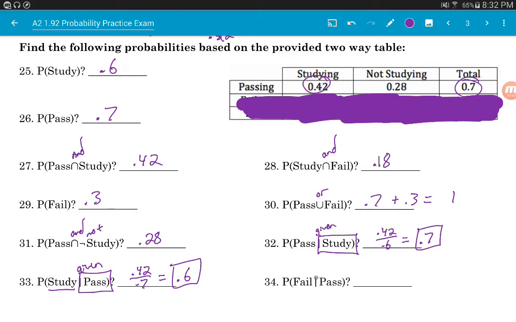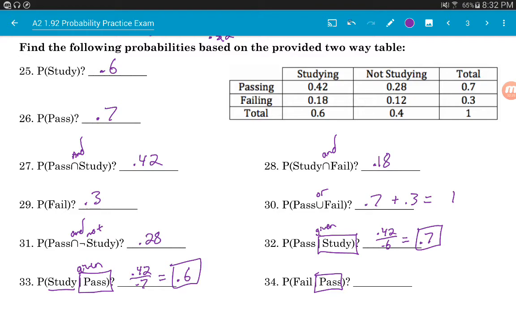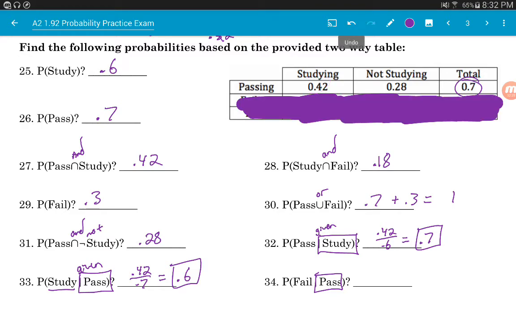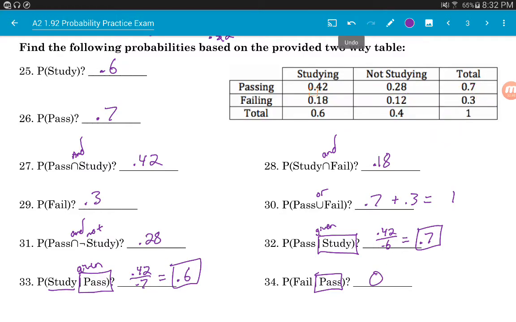Fail given pass. So given pass, cover up everything but passing. Now how many of these are failing? This is passing, this is passing, this is passing. Ah, it's a trick question. The answer is 0.